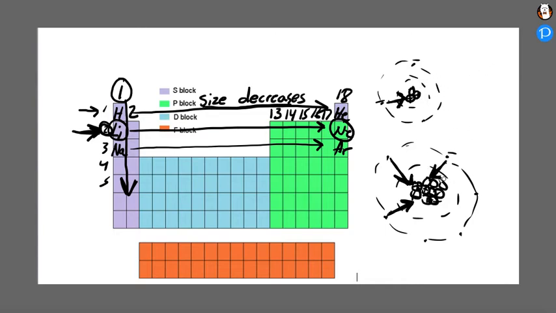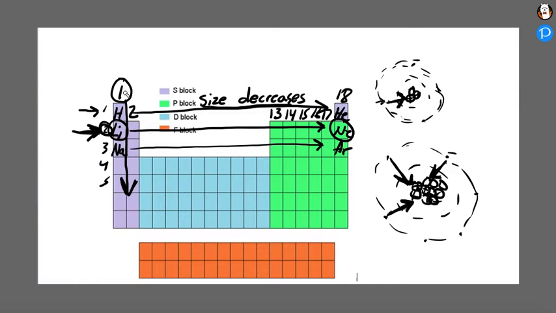But for neon, because it's got more positive charges pulling in on those electrons, that's why it's smaller, and that's why we see that trend as we move across, because as we move across, we're adding protons. We're adding 1 proton each time, but we're not changing the distance away that those electrons sit at their energy level, and so there's more of a pull.